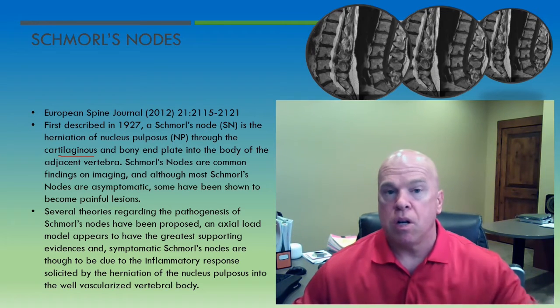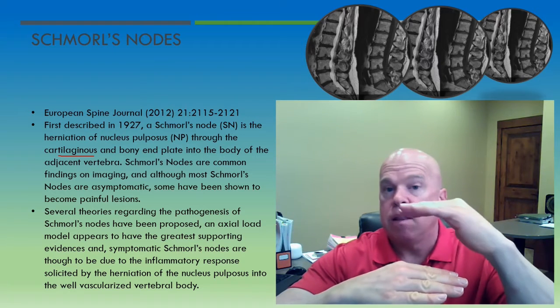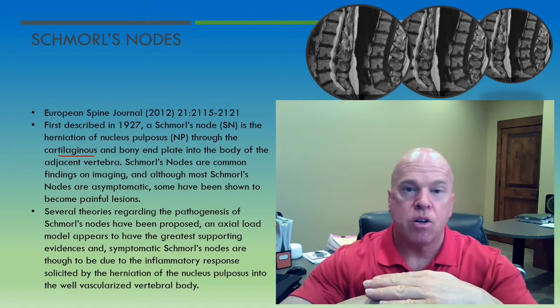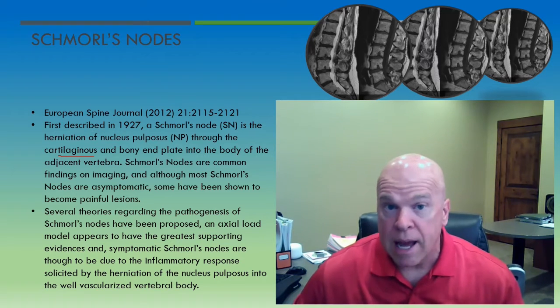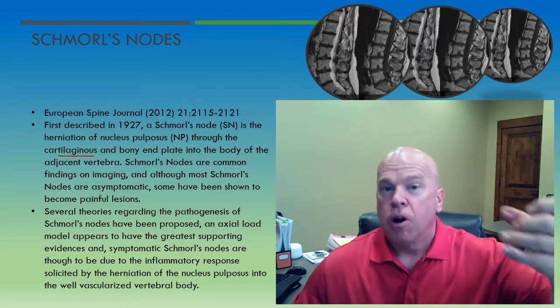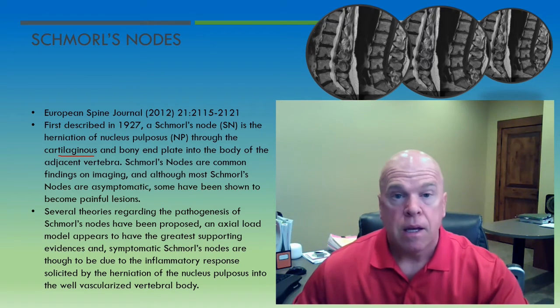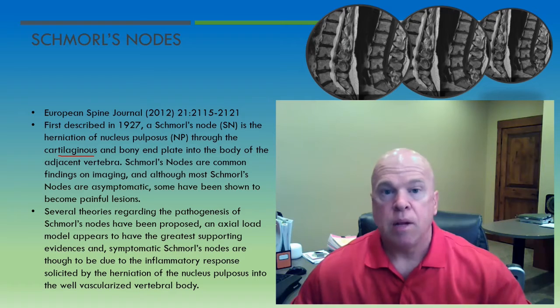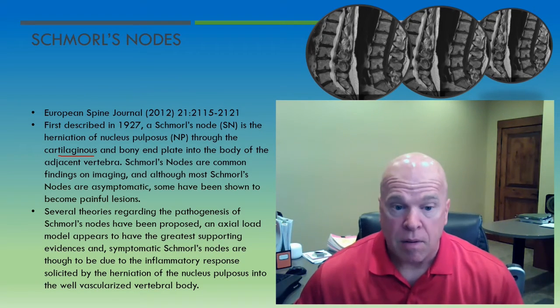So there's a progression of bony vertebra, hyaline cartilage, and then fibrocartilaginous intervertebral disc, and the nucleus pulposus of the fibrocartilaginous intervertebral disc herniates through the hyaline cartilage and then herniates through the bony superior or inferior end plate of the vertebra into the body of the vertebra.